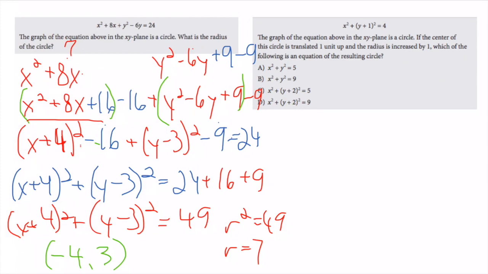So the graph of the equation above in the xy plane is a circle. If the center of the circle is translated 1 unit up and the radius is increased by 1, which of the following is an equation of the resulting circle?